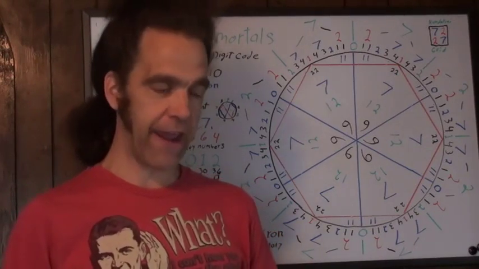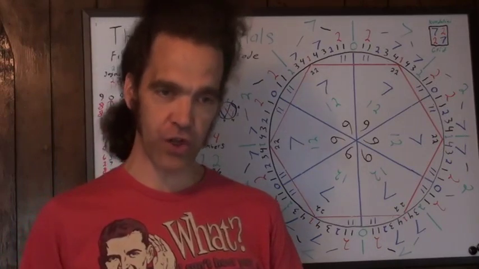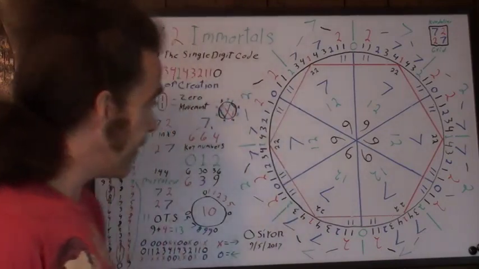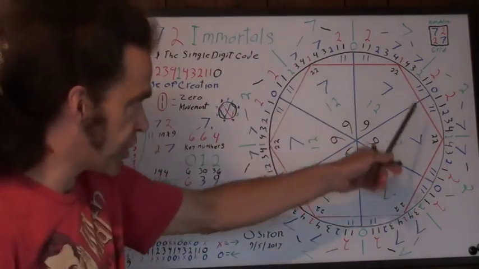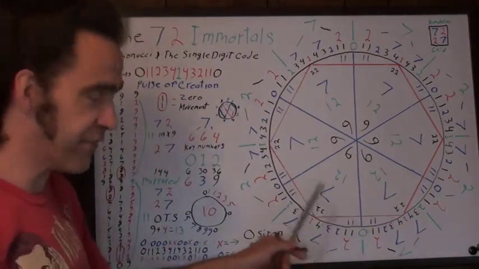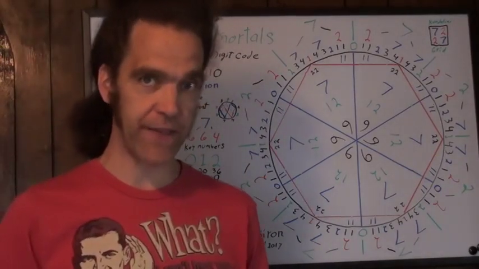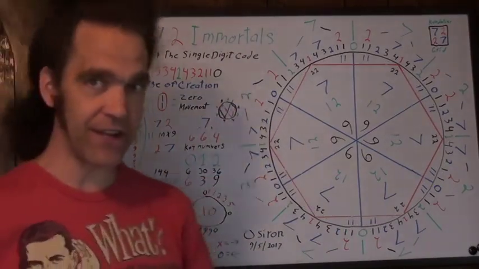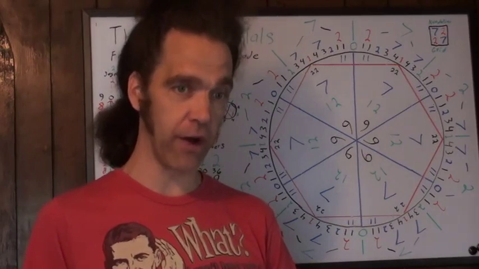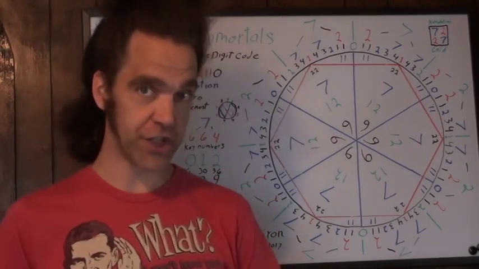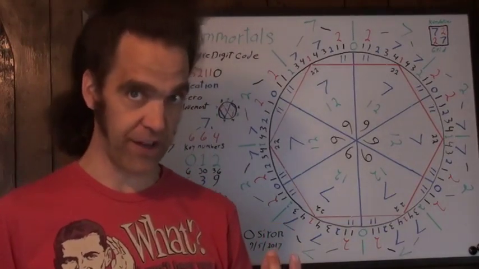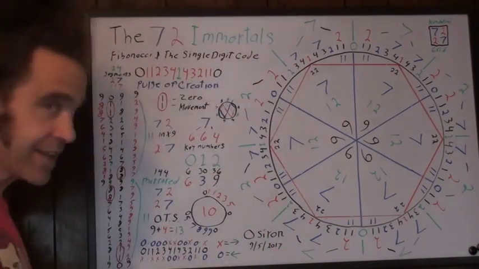Any number, every number, will always reduce to 1 through 9. That's it. And the reason you get the zeros in this, because if it was just reducing the numbers, you would never get a 0. These zeros only mean 0 movement when you filter the Fibonacci code through the vortex math wheel to produce the pulse of creation code. And that 0 isn't really 0, it just means 0 movement. That's all it means in this case.